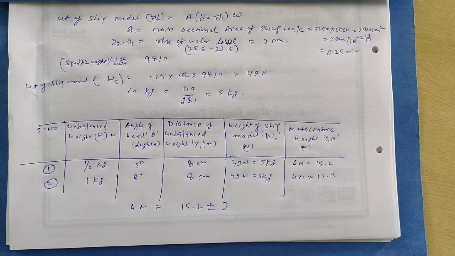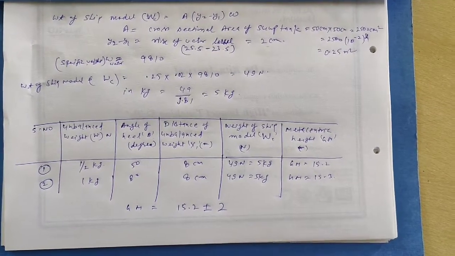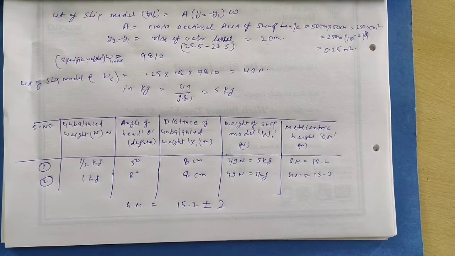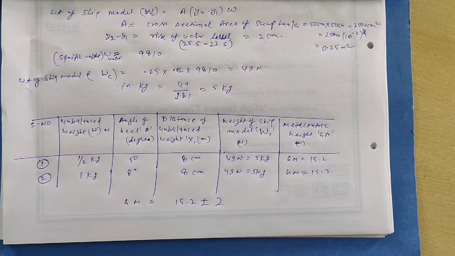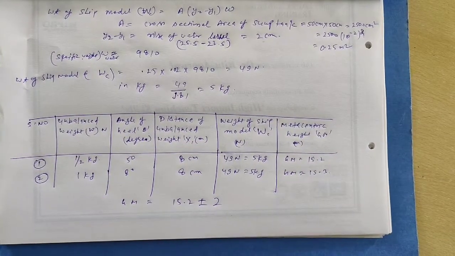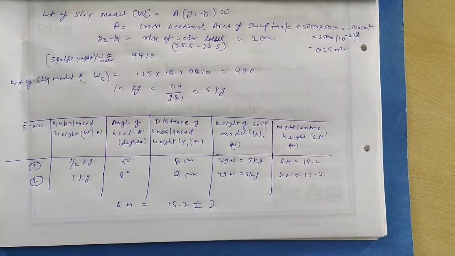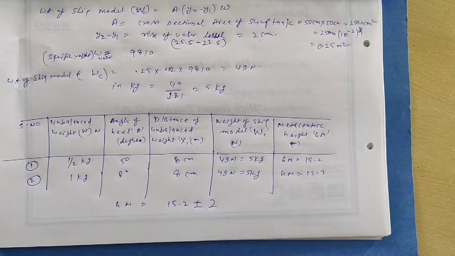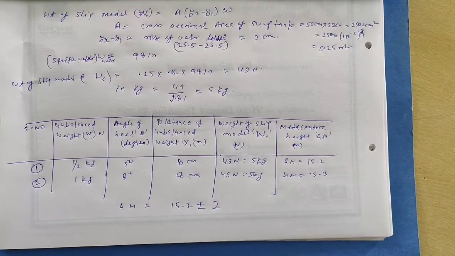Now the readings we have taken: unbalanced weight half kg, angle of heel 5-degree, distance of unbalanced mass 8 centimeter, and weight of ship model calculated 5 kg or 49 Newton. By applying the formula, we calculate the metacentric height is approximately 15 centimeter.